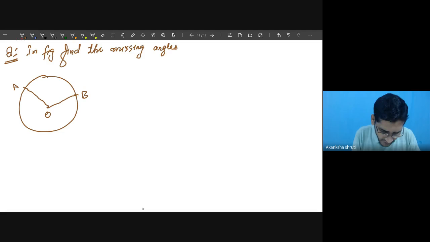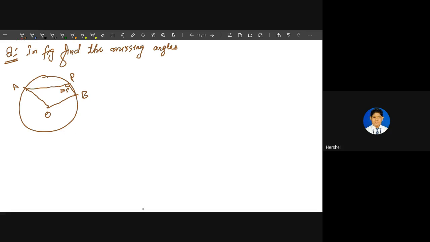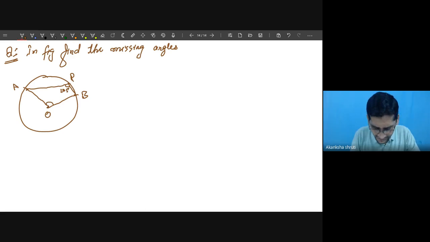This P could be anywhere, closer to B or A. Let us consider this point as P and take this angle as 105 degrees.